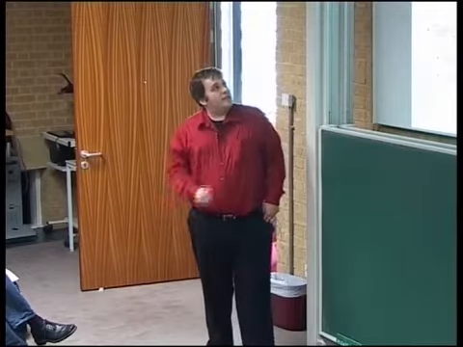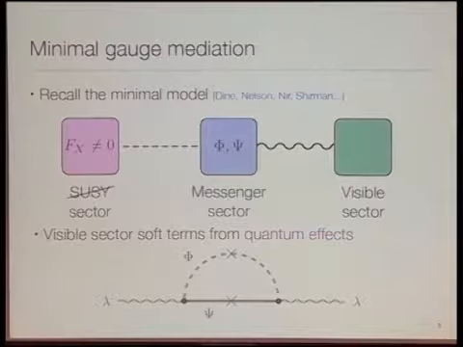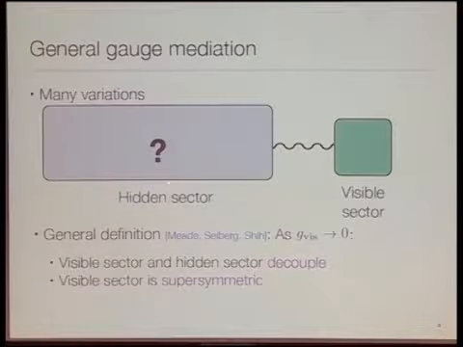Instead of dividing things nicely into these two boxes, you can put everything together into some so-called hidden sector. And then what differentiates gauge mediation from everything else, this is the definition by Seiberg, Meade, and Shih, is that as the visible sector coupling goes to 0, these two sectors decouple, and the visible sector remains supersymmetric.